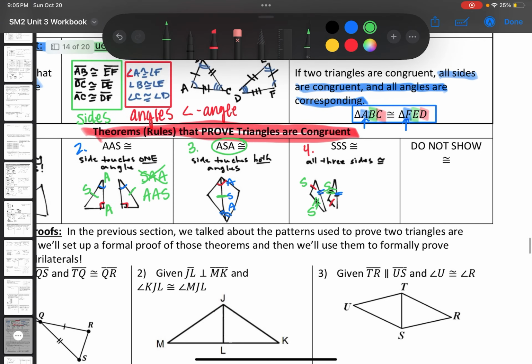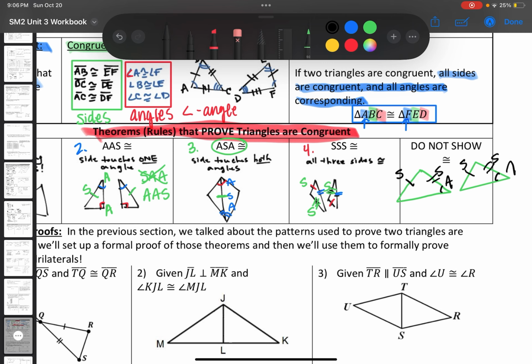But there are some theorems that we cannot use to show that triangles are congruent. For example, if you have two triangles here, and I know these two sides are congruent, these two sides are congruent, and this angle is congruent, we have side, side, angle.